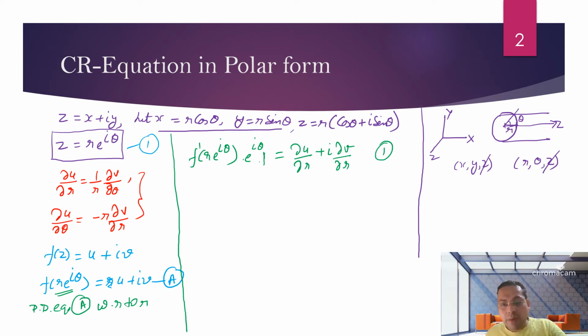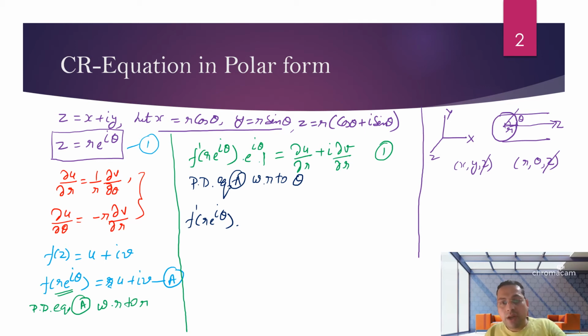Now again partially differentiating equation A with respect to theta. So what we have is f dash (r e to the power iota theta), and now r is treated as a constant and theta is the variable with respect to which we are differentiating.